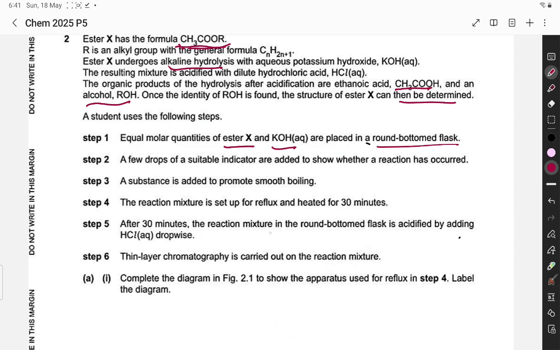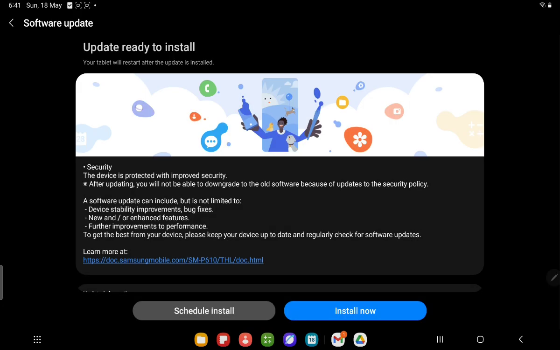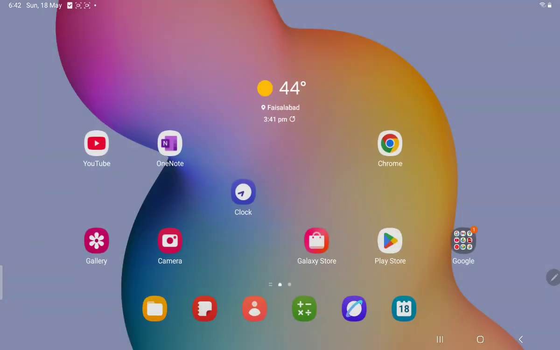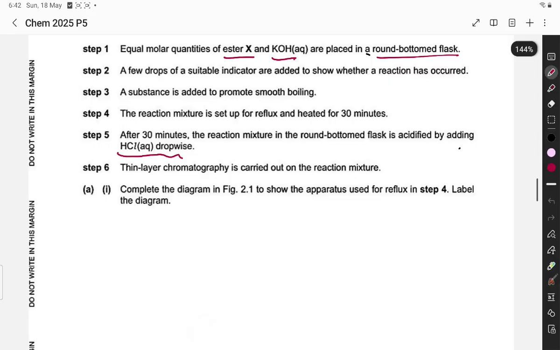After 30 minutes, the reaction mixture in the round bottom flask is acidified by adding HCl dropwise. Thin layer chromatography is carried out on the reaction mixture.